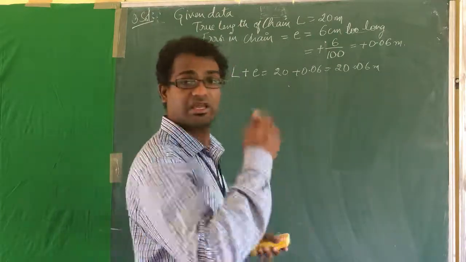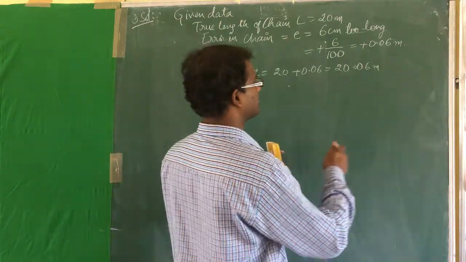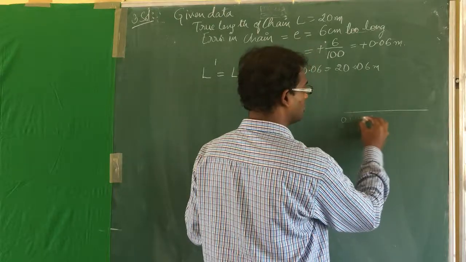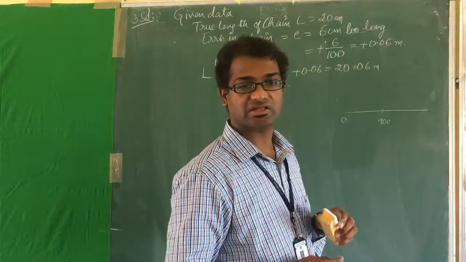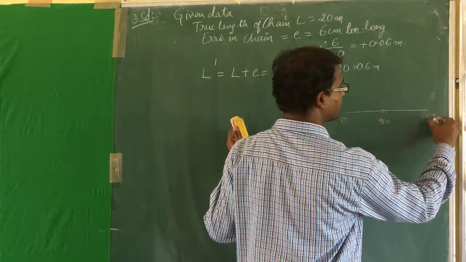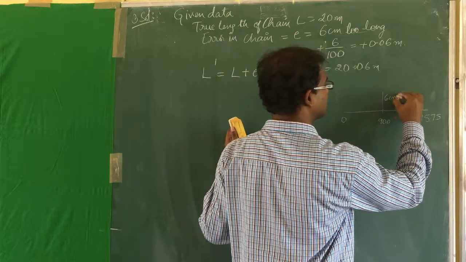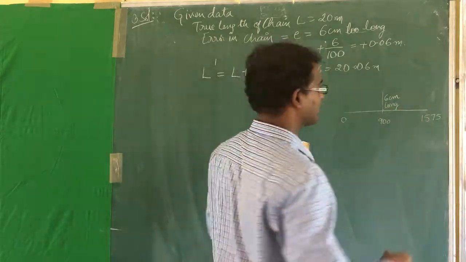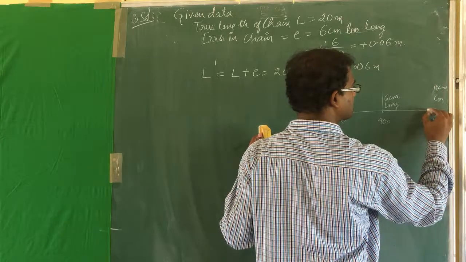Now how to do it is, if you plot the errors with the length, it will look something like this. You have the length 0, 900, and the last distance in the question is given as 1575. At 900 meters, it was 6 centimeters long, and at 1575, it was 14 centimeters long.